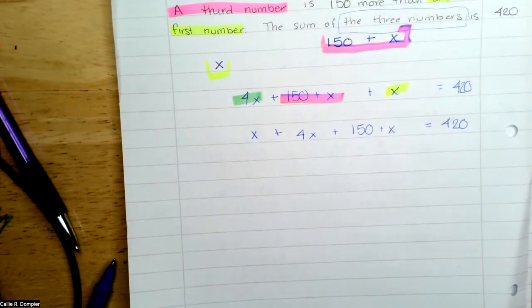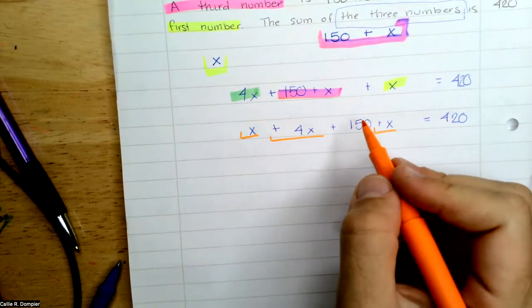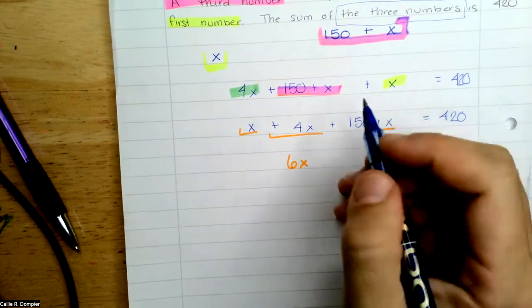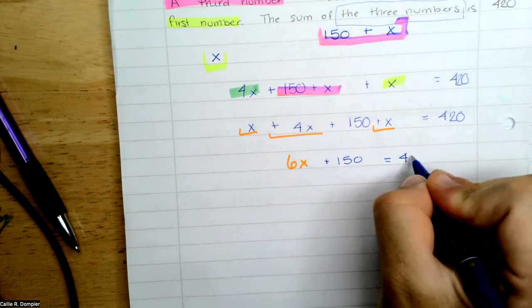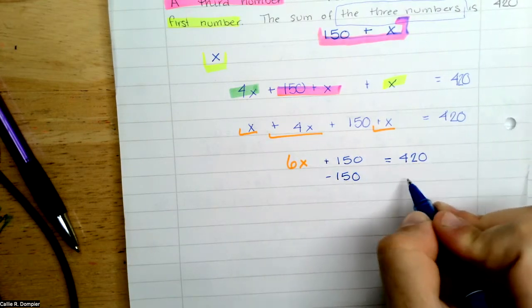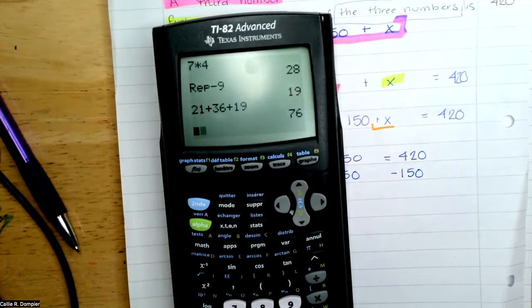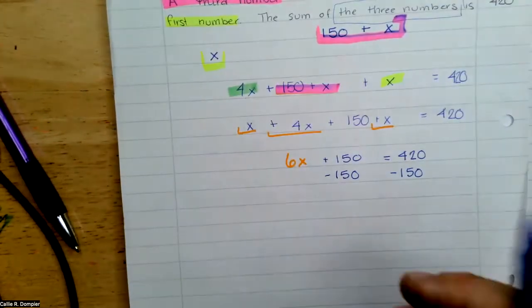We have x and 4x and x become 6x plus 150 equals 420. I'm going to subtract 150, subtract 150. Good. 420 minus 150 is 270.